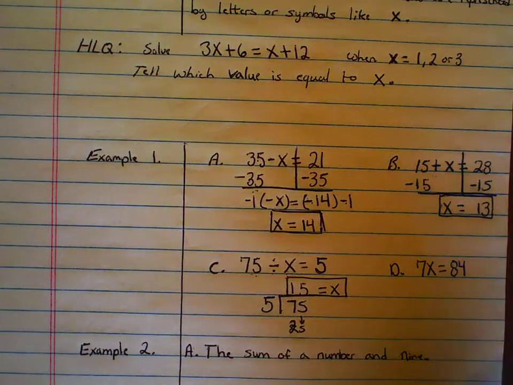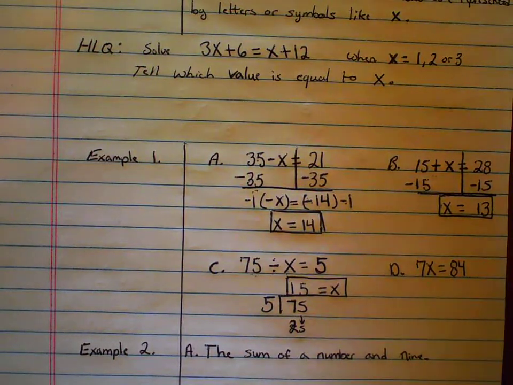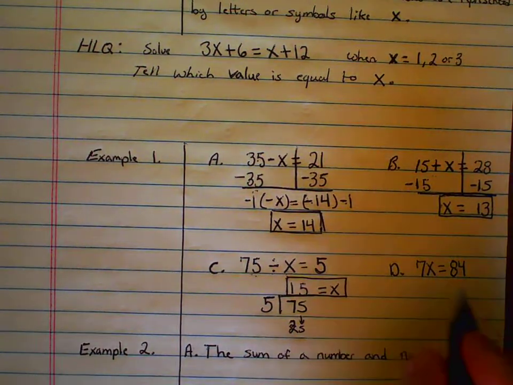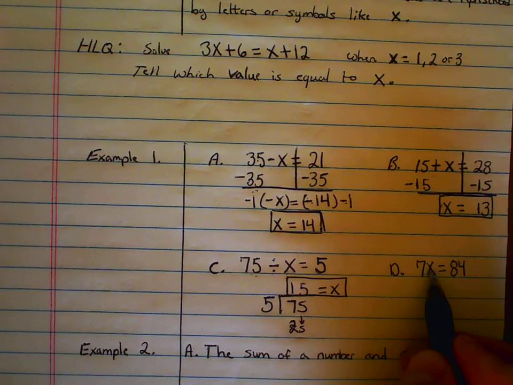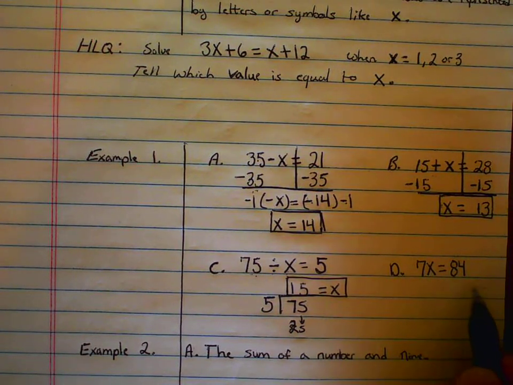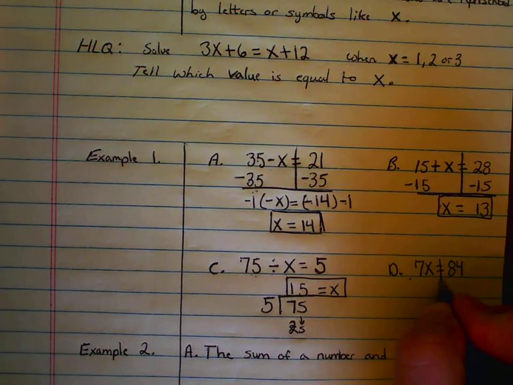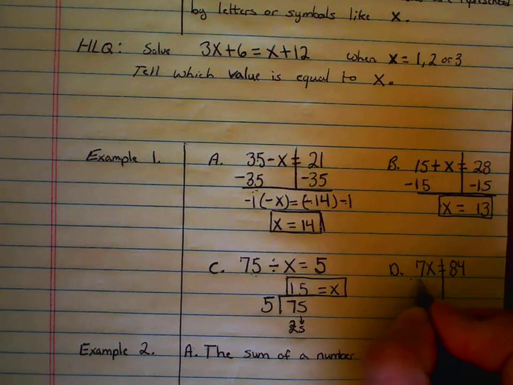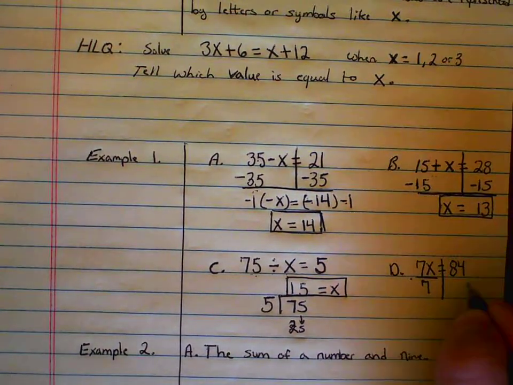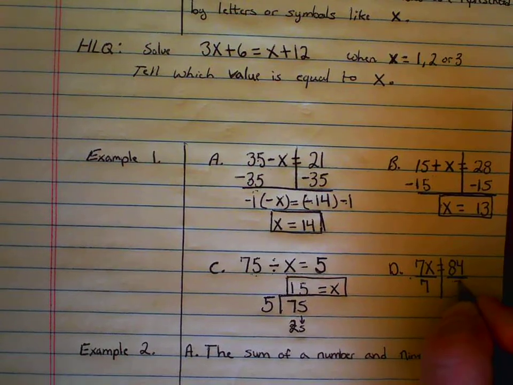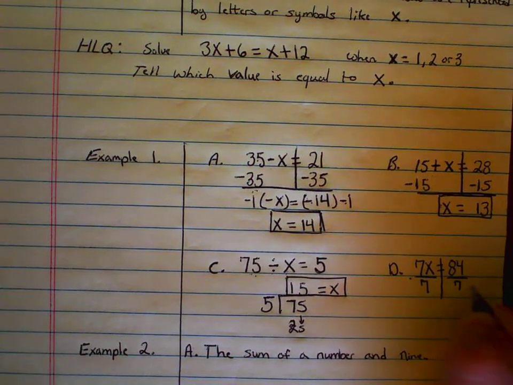So what number times x equals 84? Well, since this is multiplication right here, we're actually going to divide to find our answer. So I'm going to write it like this. I'm going to split the problem, but I'm going to divide this side by making it into a fraction, and I'm going to divide this side by making it into a fraction. Okay?